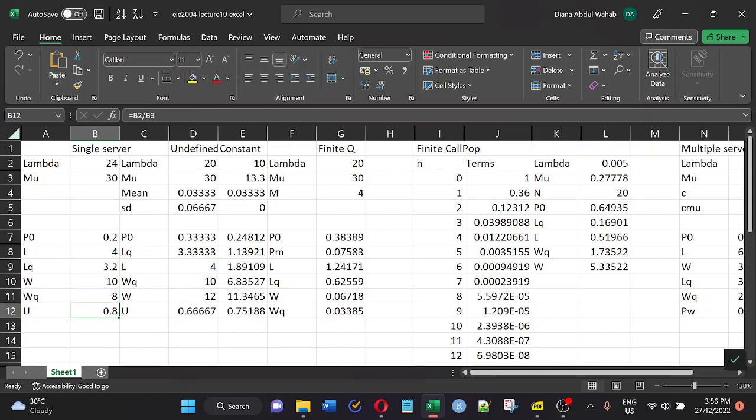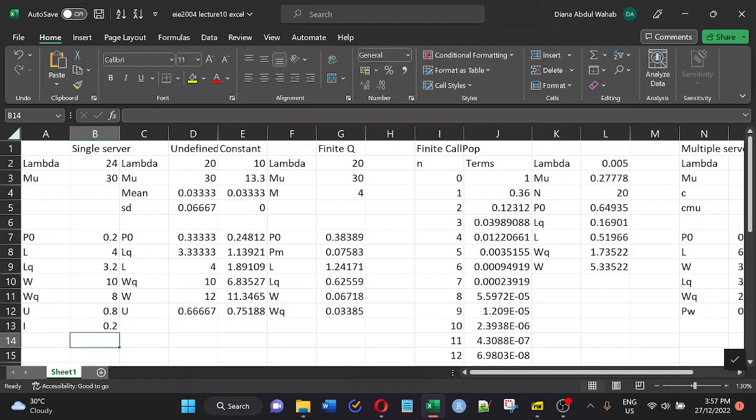And U is the utilization, the probability that the server is busy. Server means the counter. The probability is 0.8, and of course I is 1 minus U, which is 0.2.